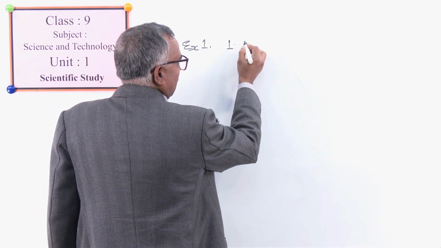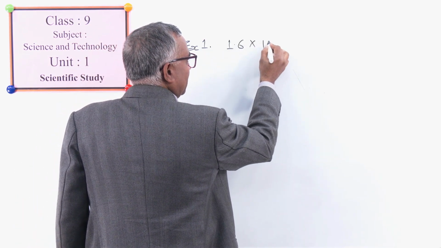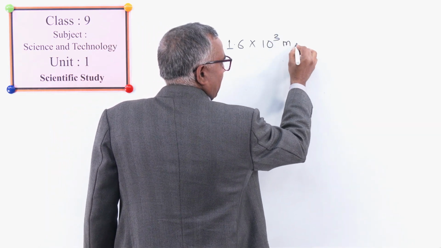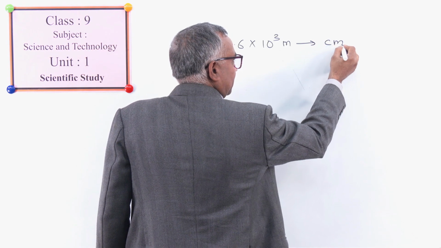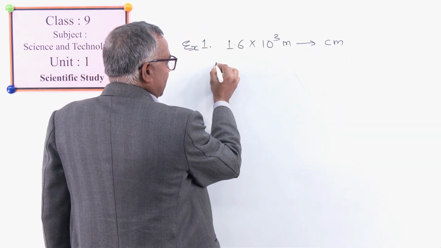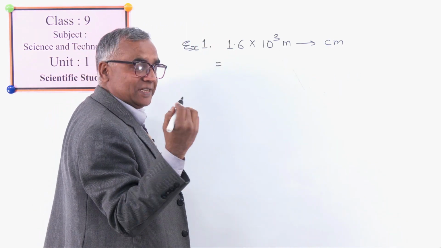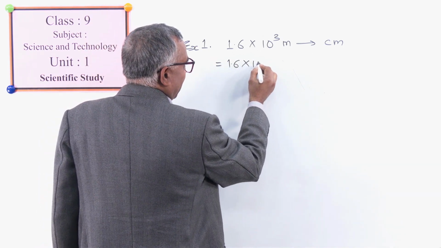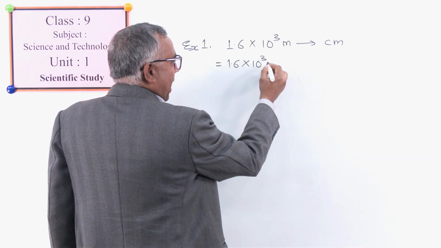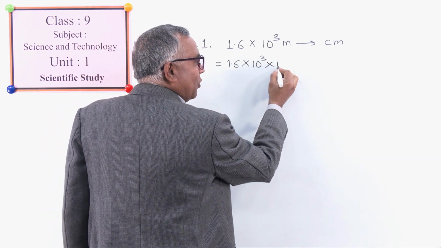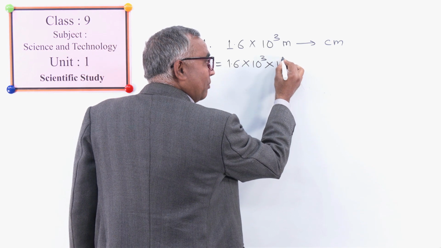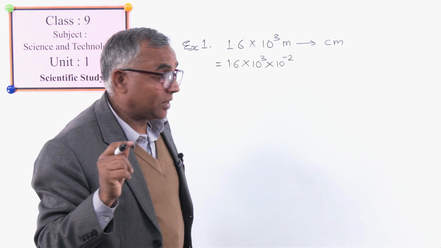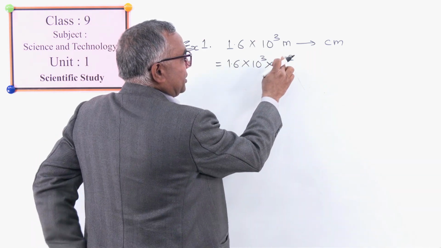Consider you are changing 1.6 into 10 to the power 3 meter into centimeter. Then how will you change it? You can change it very easily because you have already practiced it. 1.6 into 10 to the power 3, and then you have to write the value of centi, but you are not going to use negative power because a bigger unit is going to be changed into a smaller one.